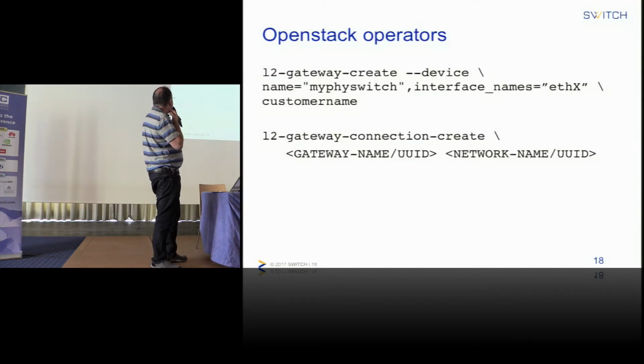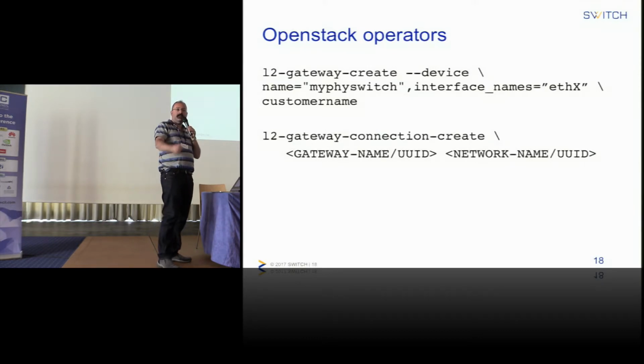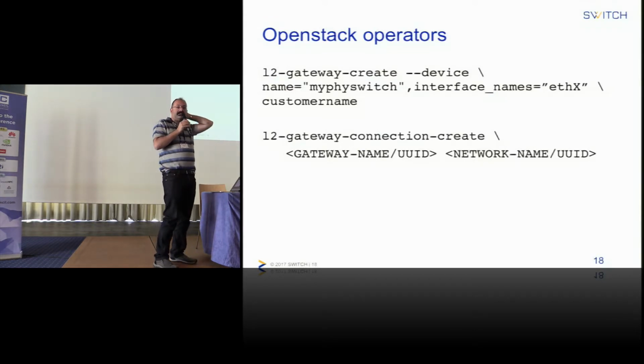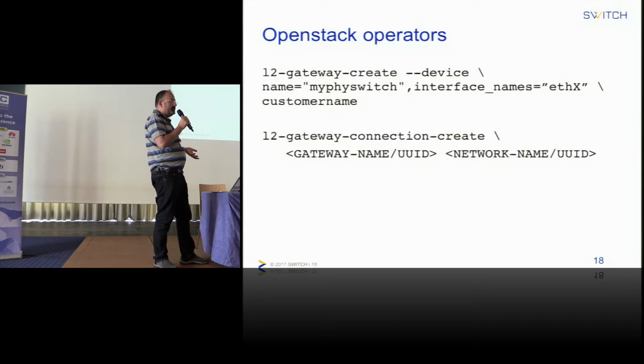And with the second command, we create a connection between this physical switch and the tenant network. So here the configuration is much easier. What is harder is the installation, because this layer 2 gateway is a very new feature in OpenStack and is present only starting at OpenStack Neutron.